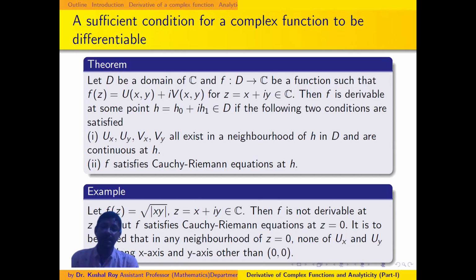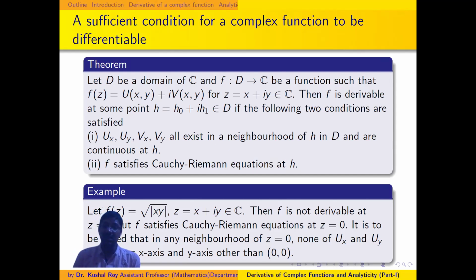So let us consider f(z) equal to root over mod xy. We know that f is not derivable at z equal to 0, but it satisfies Cauchy-Riemann equations at z equal to 0. It is to be noted that in any neighborhood of z equal to 0, none of u_x and u_y exist along the x-axis and y-axis other than (0,0).